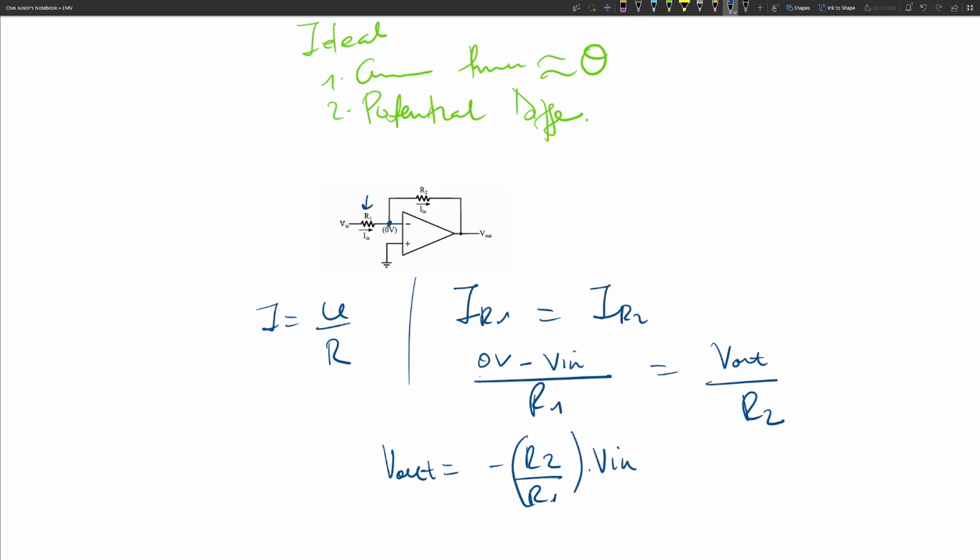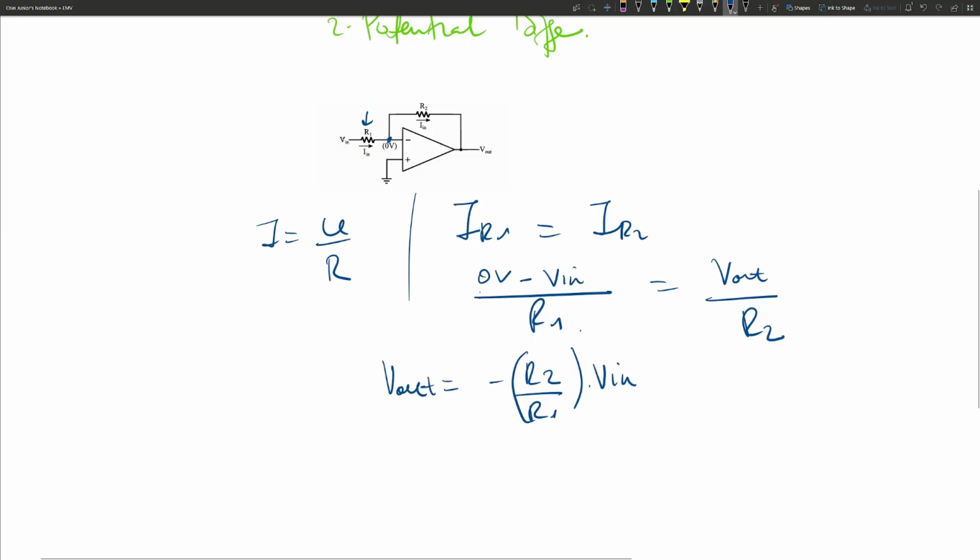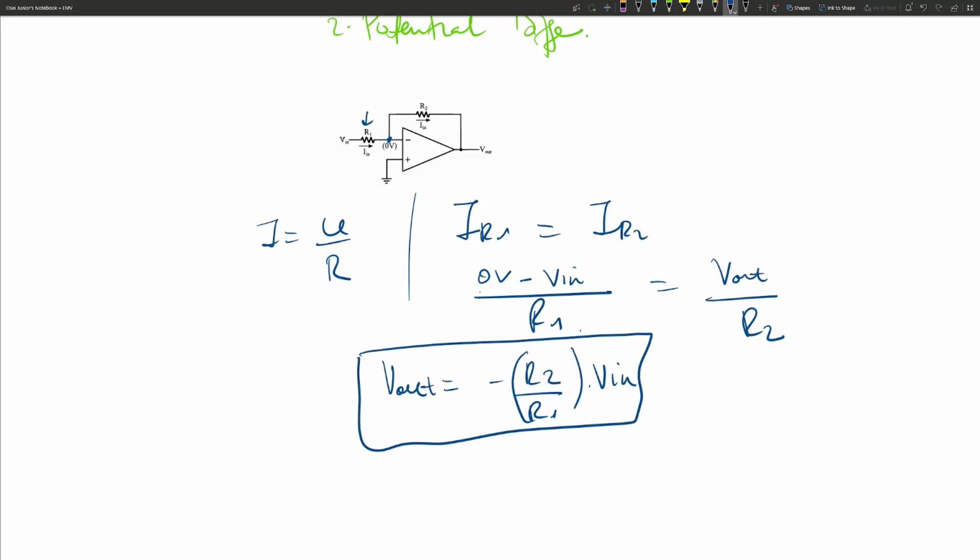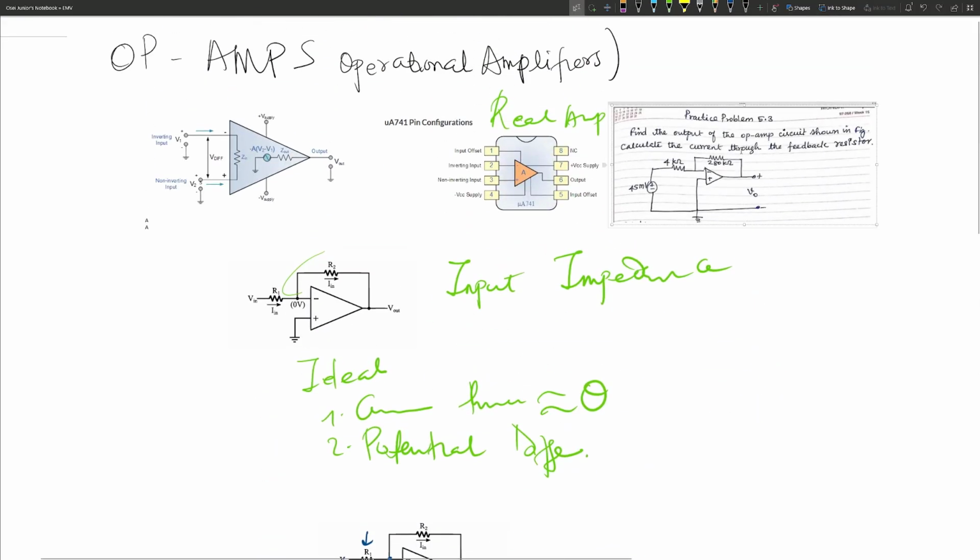R2 divided by R1 is often called the gain. So this is basically how we can derive the output voltage of an inverting operational amplifier with respect to the input voltage.